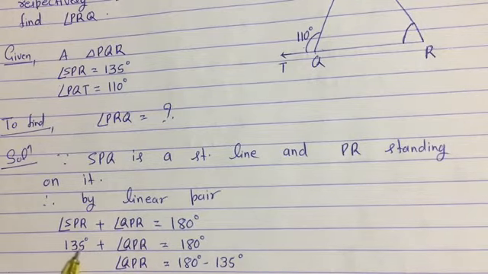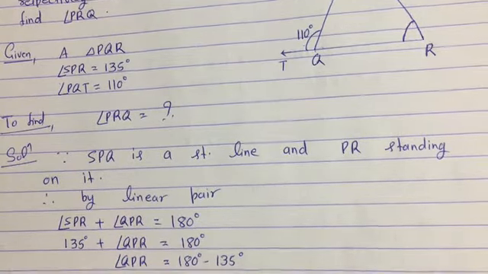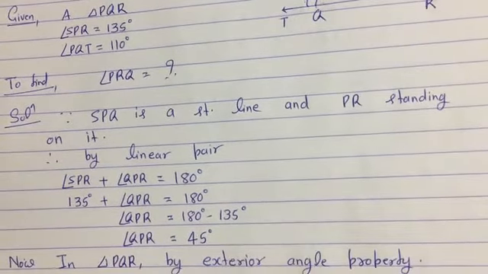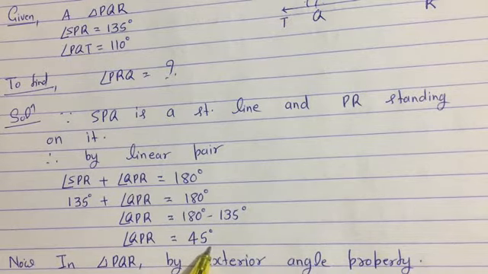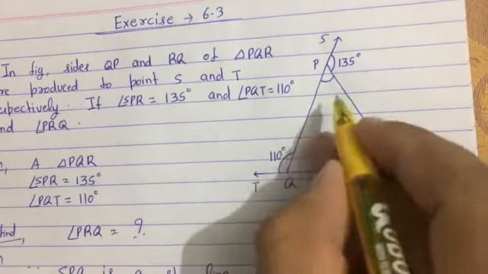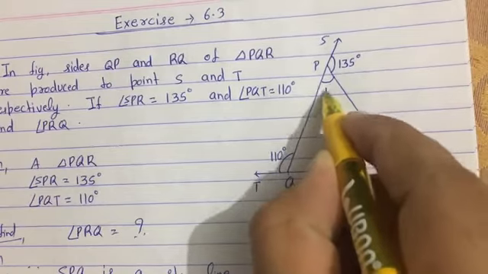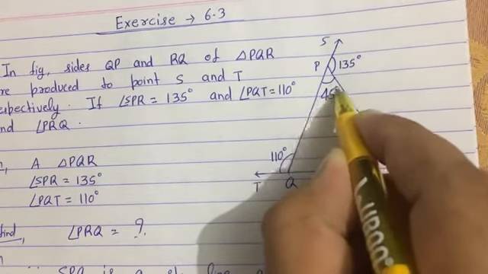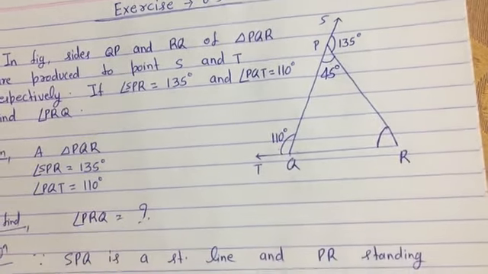Now we have to transfer 135 to this side, then angle QPR is equal to 180 minus 135. Now angle QPR is equal to 45 degrees, okay, means this angle QPR is equal to 45 degrees. Clear?